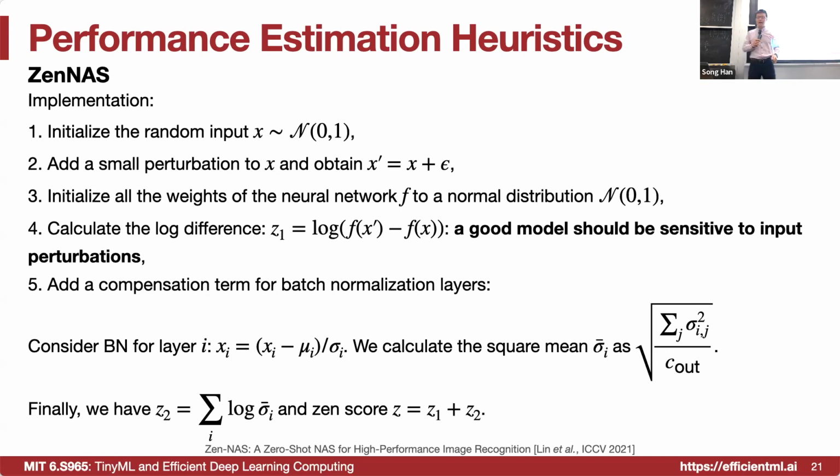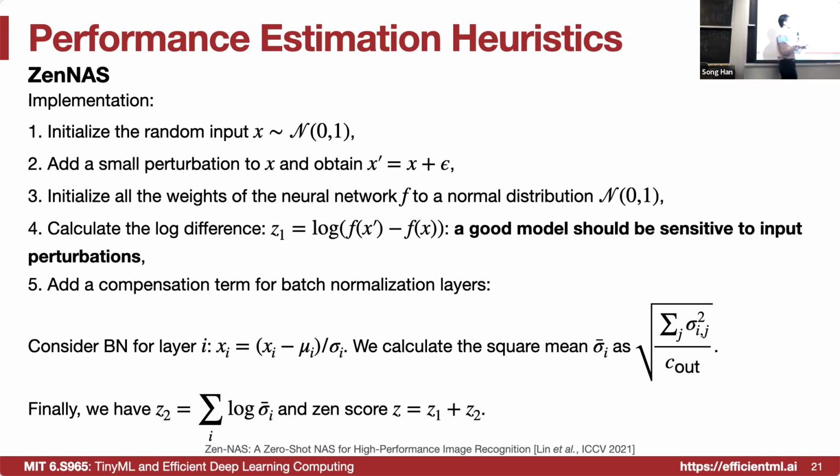There is another term in this evaluation, Z1 plus Z2. We talked about Z1, which is: you change the input, you observe the output change, and hope it to be large. But what is the second part? The second part looks at the batch normalization for each layer.